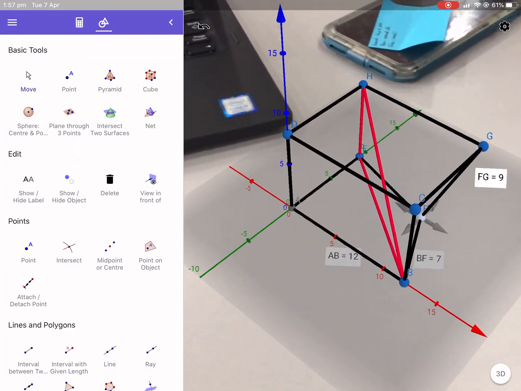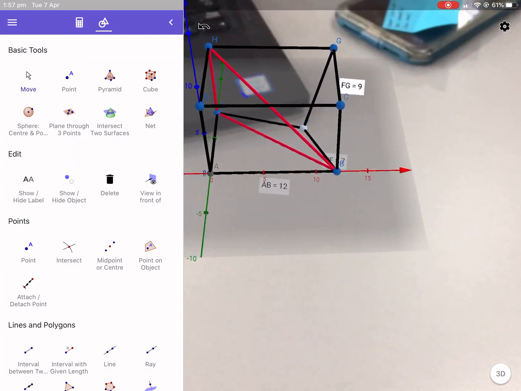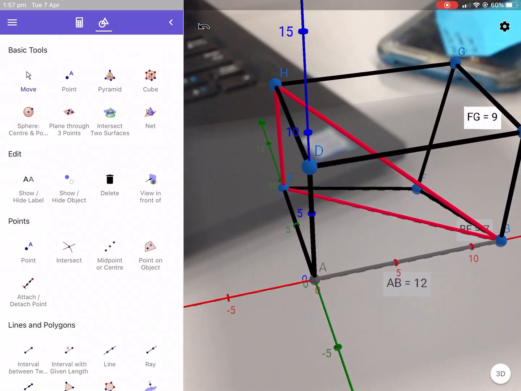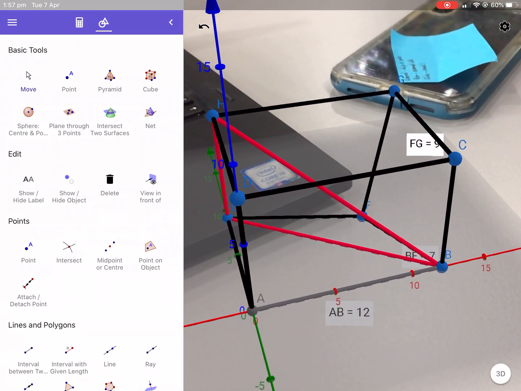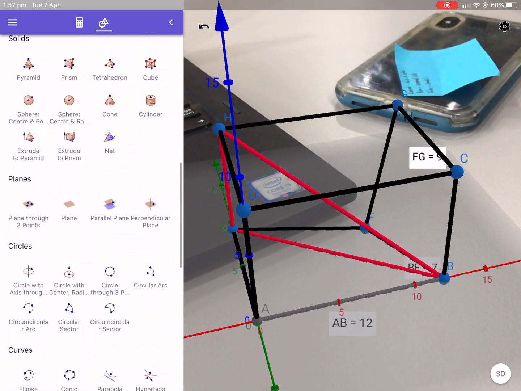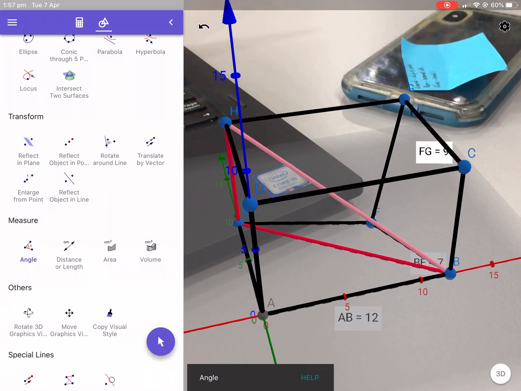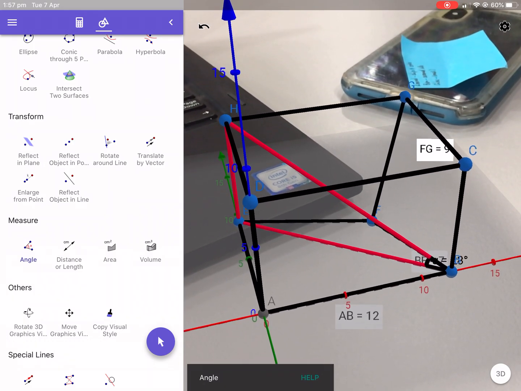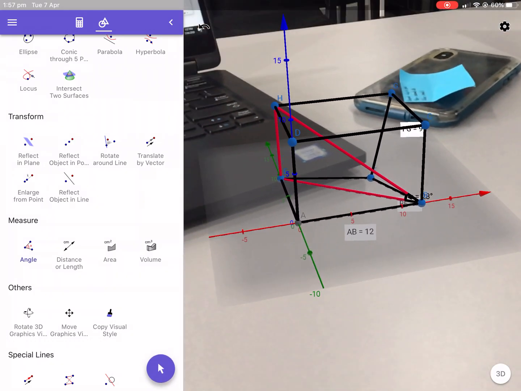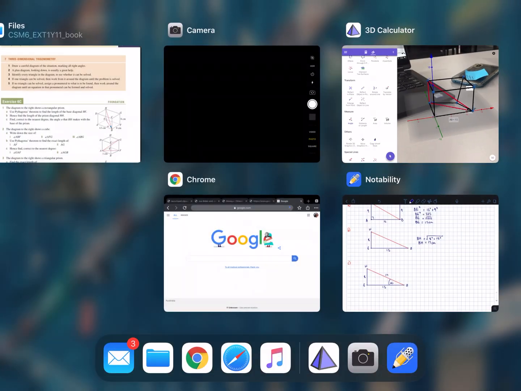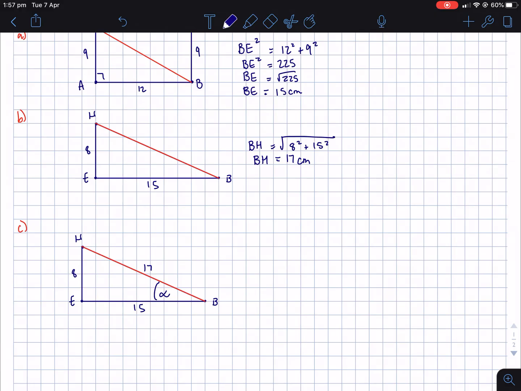I'm after this angle between this line and this line, that angle in there. That's the angle we're after, between BE and BH.